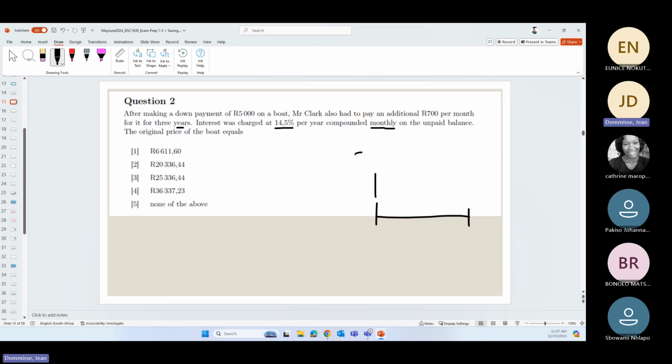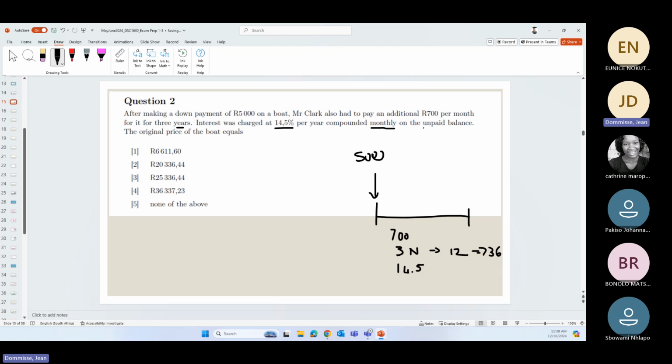So basically he's making a down payment of 5,000. Then he is making an additional 700 Rand per month for 3 years, at 14.5% interest compounded monthly, which gives you 36 payments.